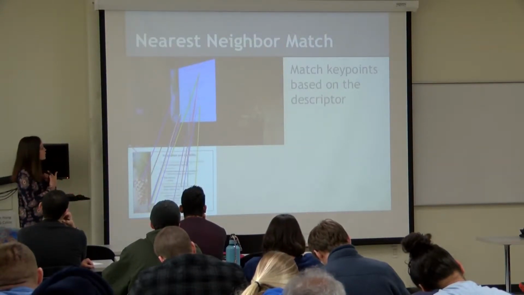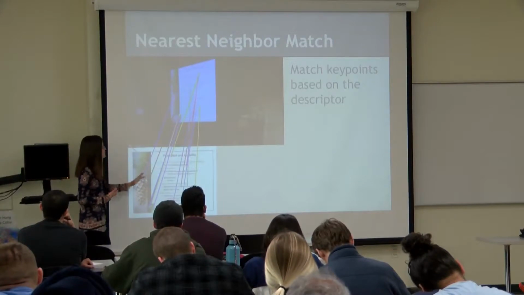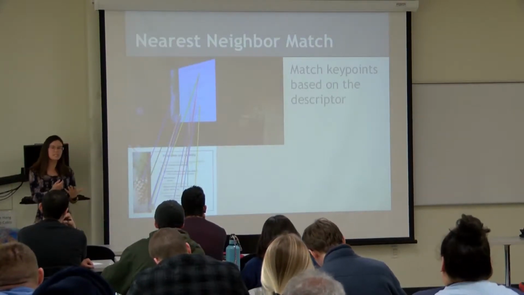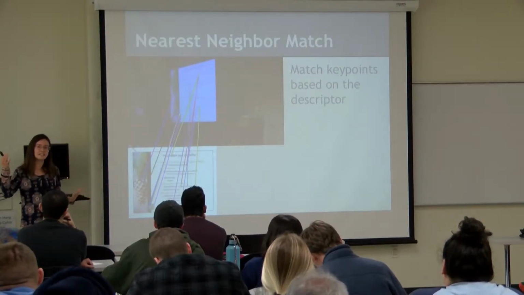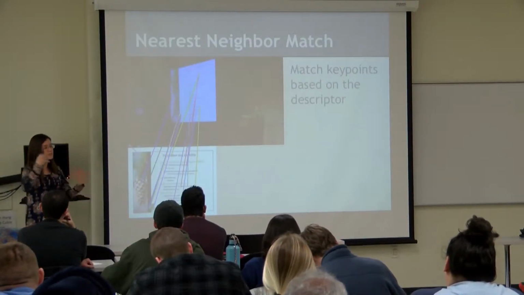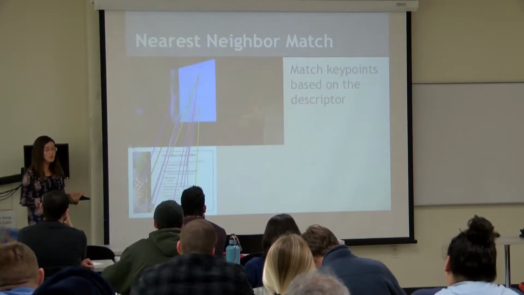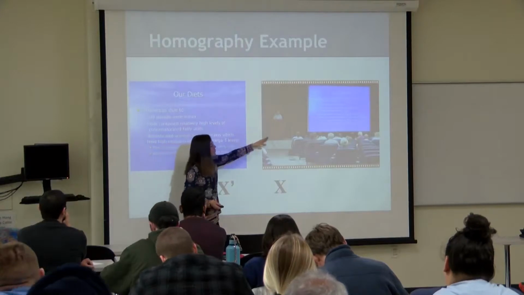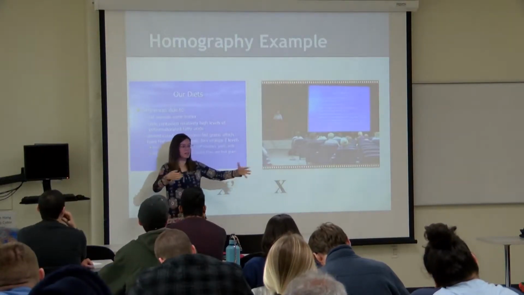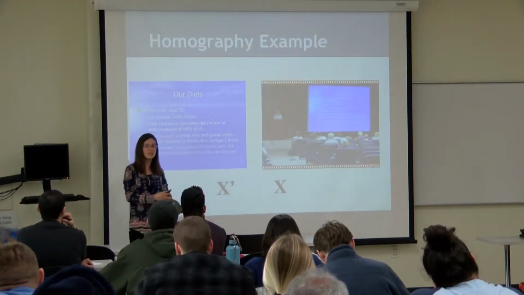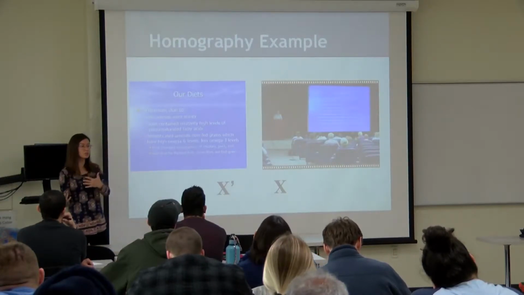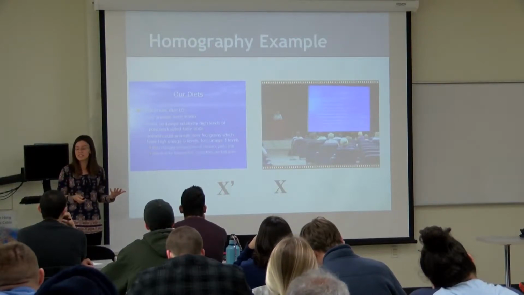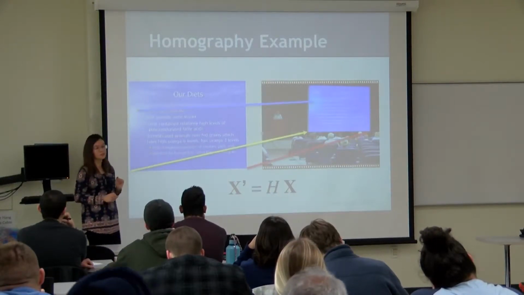Well, our notion of these matches being incorrect, in particular, for example, this one, is based on the fact that we have an idea of how these points map into each other. So we have the points on the slide, let's call them x prime, and the points on the frame that are x. They're all of the different key points. Our intuition of the projection from one into another in computer vision is captured by something called a homography.